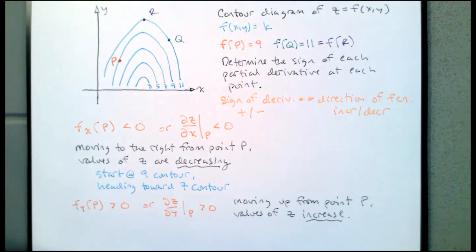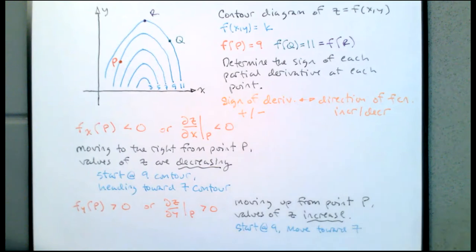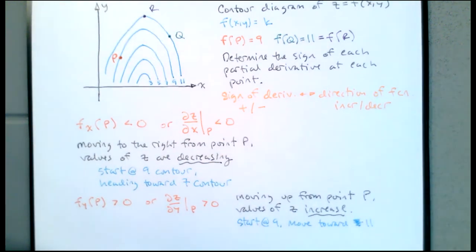From point P, if we move up, we start at the 9 contour and we head towards the 11 contour.